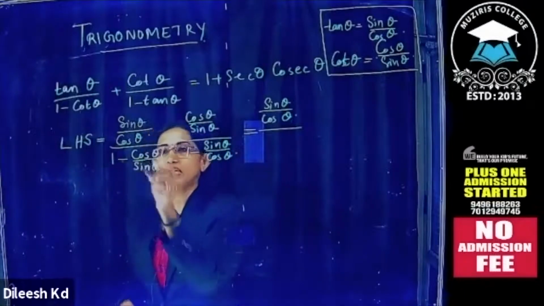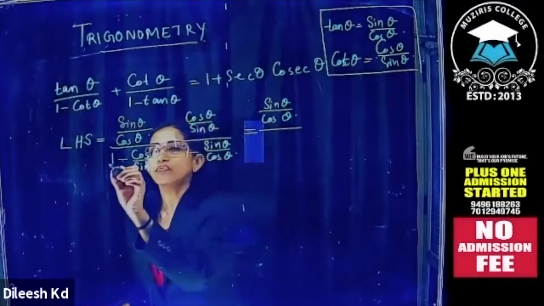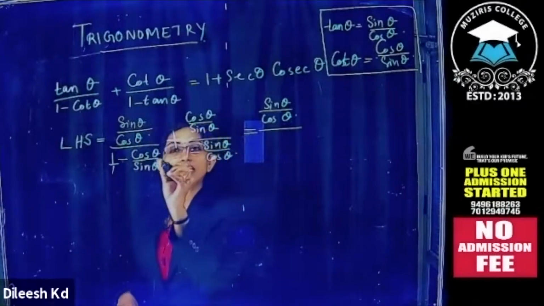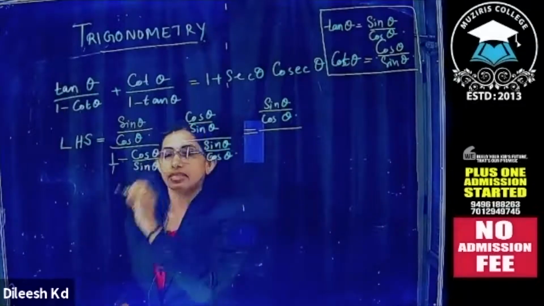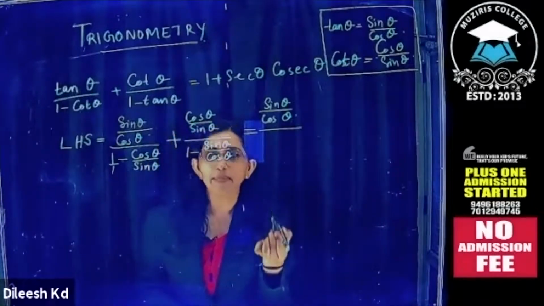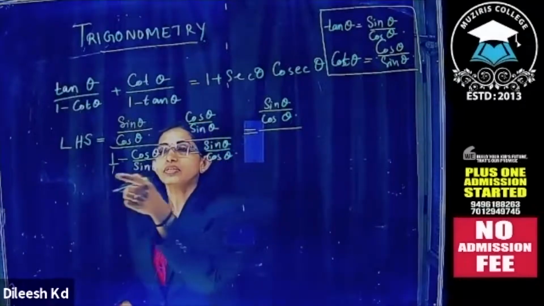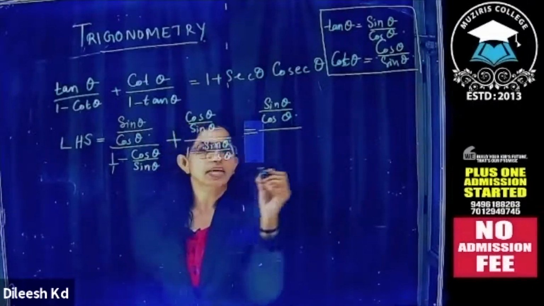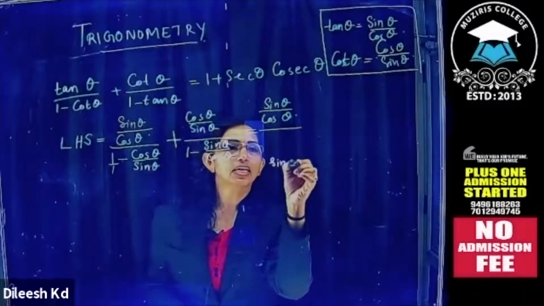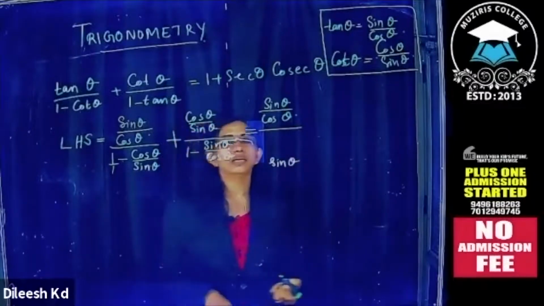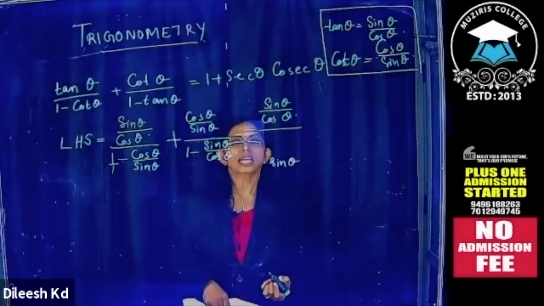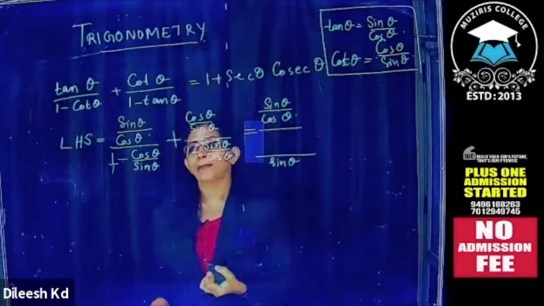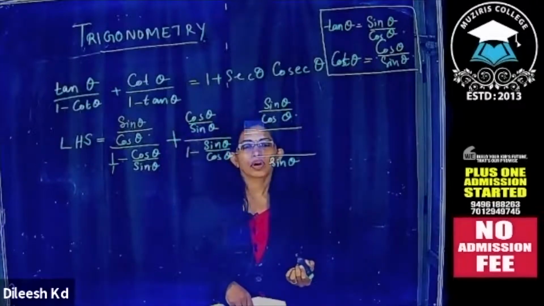For 1 the denominator is 1, and for cos theta by sin theta the denominator is sin theta. The LCM is the product of these two, because there are no common factors, so it is 1 into sin theta. We are taking sin theta as the LCM. Is it clear now?